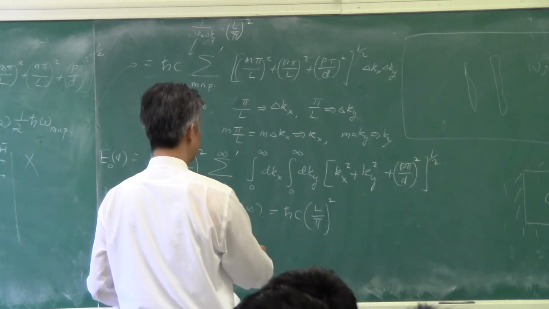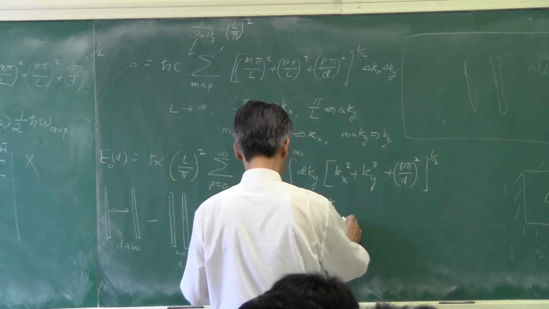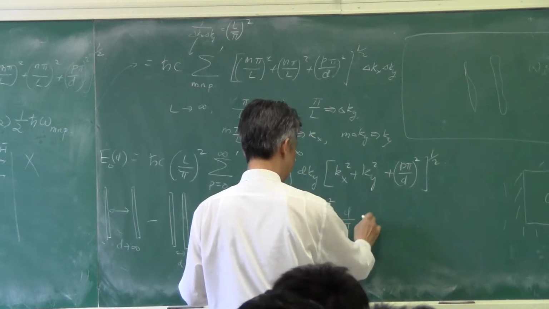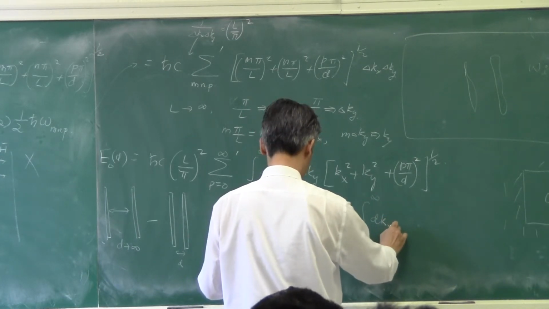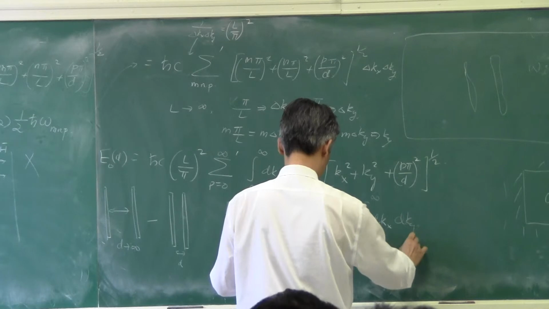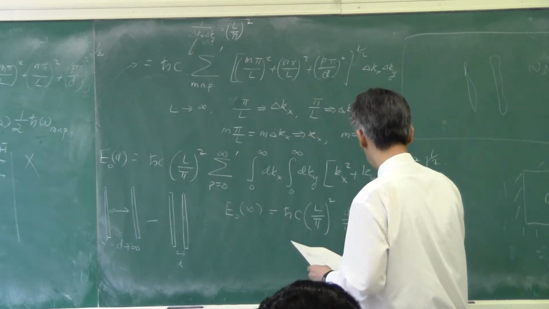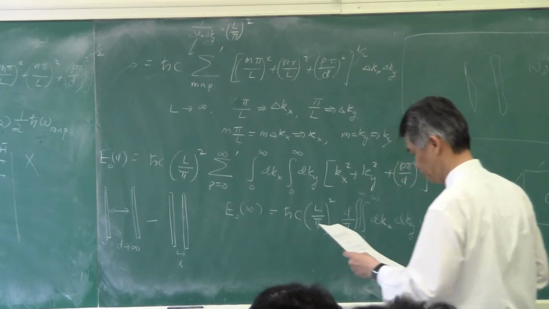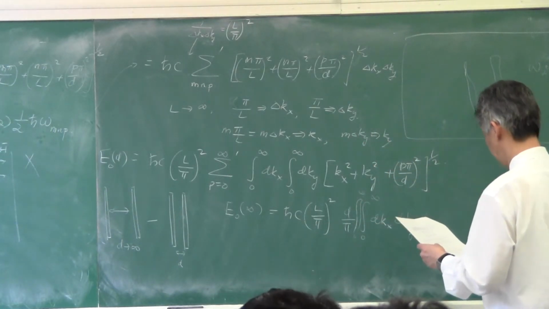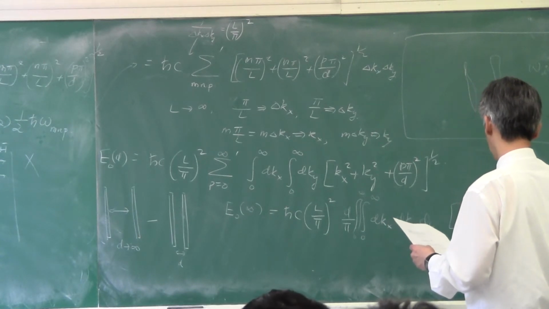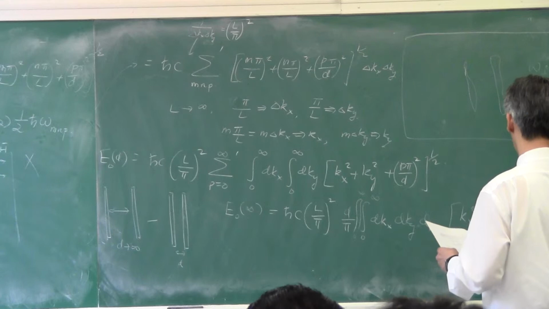You convert this into an integral as well, so you put a d over pi in addition on the outside, and then you have dkx, dky, dkz, all three of them. And then you have this thing over here, which is kx squared plus ky squared plus kz squared.